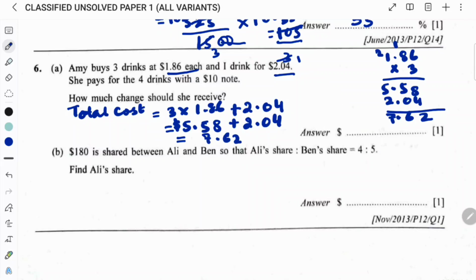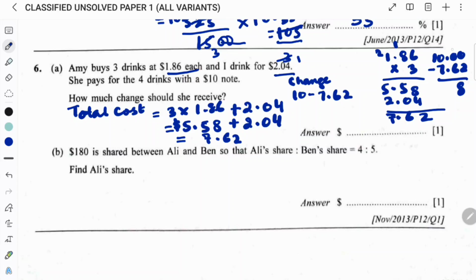Now you are going to subtract, for the change: 10 minus 7.62. So 10 and 2 is 8, and then it becomes 9.